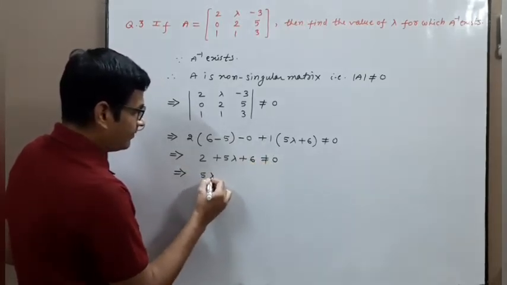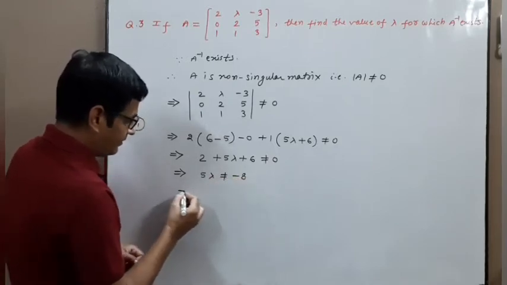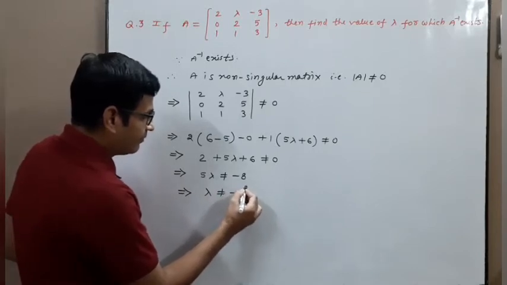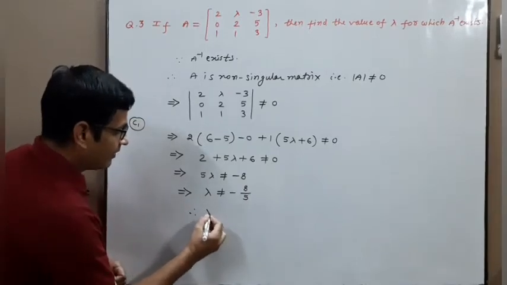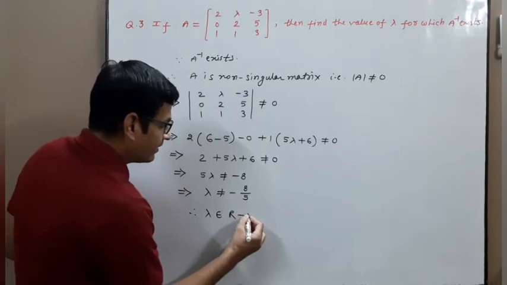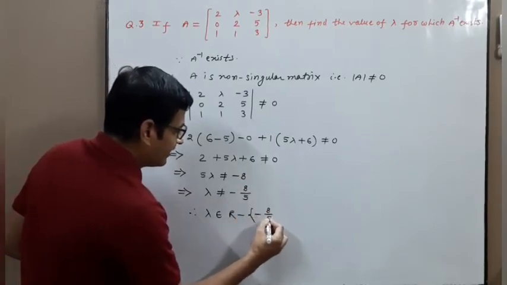So 5 lambda not equal to minus 8. So lambda not equal to minus 8 upon 5. Therefore lambda belongs to the set of real numbers minus 8/5. सिर्फ -8/5 को छोड़ के सारे रियल नंबर्स.